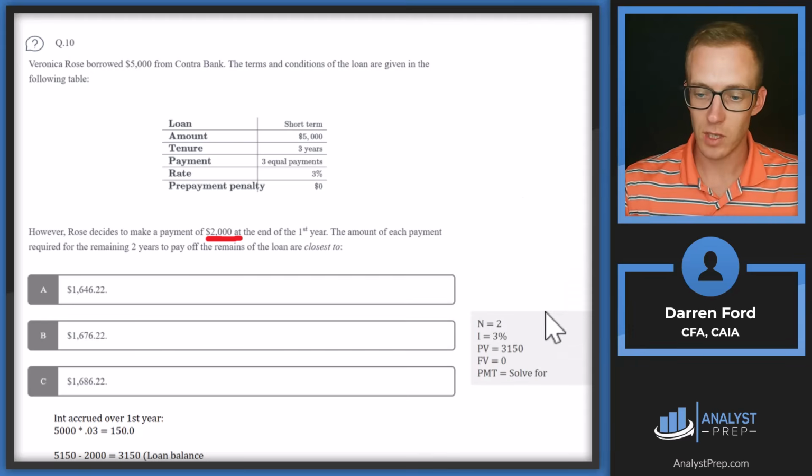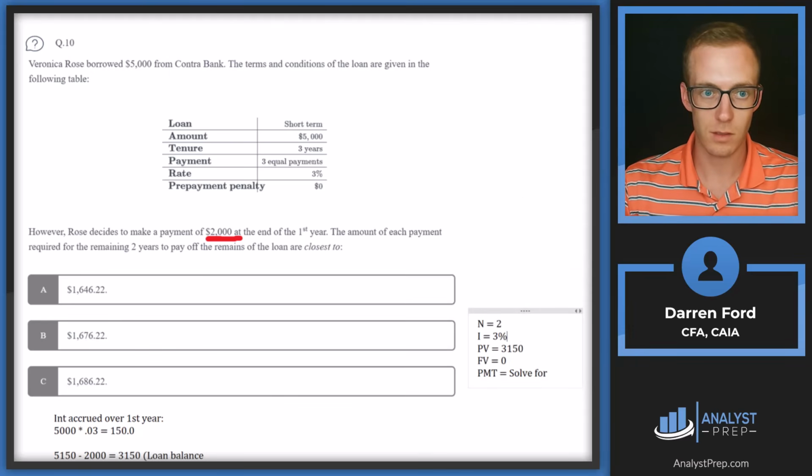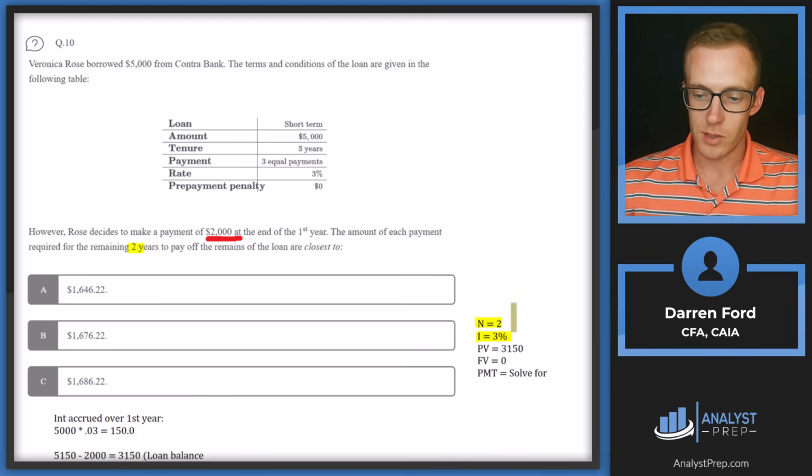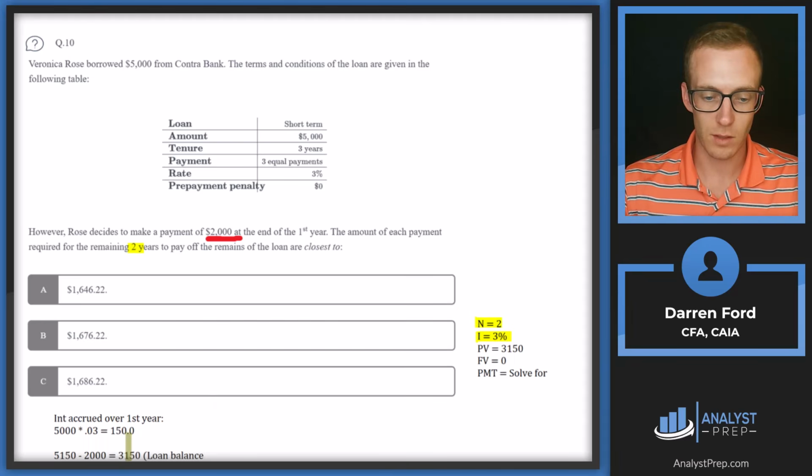Now that we have this loan balance, we're going to be able to come in here and bring in the calculator to do this. So we've got 2 years left on the loan, an interest rate of 3%, and these are annualized because we're doing 2 years, 2 payments, so no adjustments needed. Present value is that new loan balance, 3,150. Future value will be 0 since we're paying down that loan, and then the payment we are going to solve for.